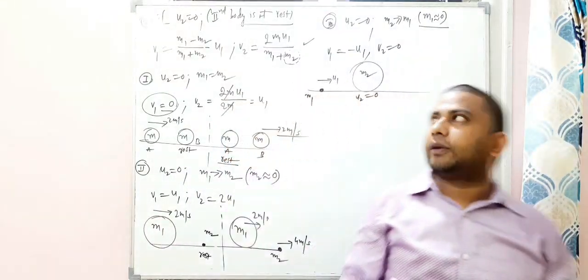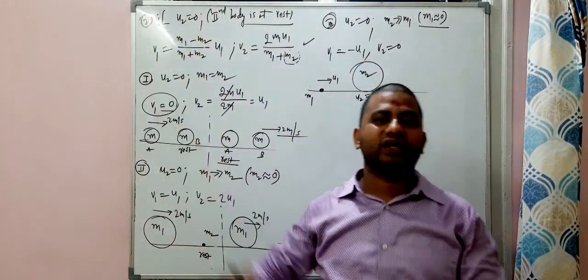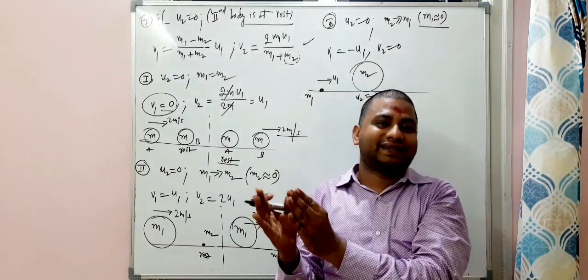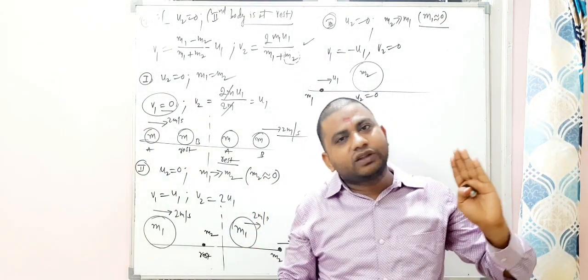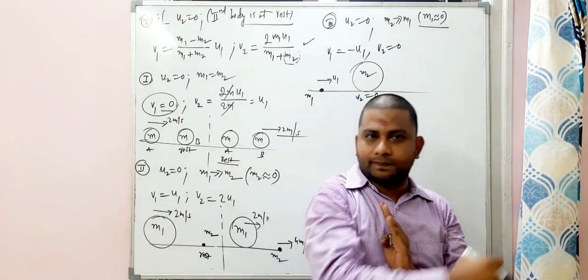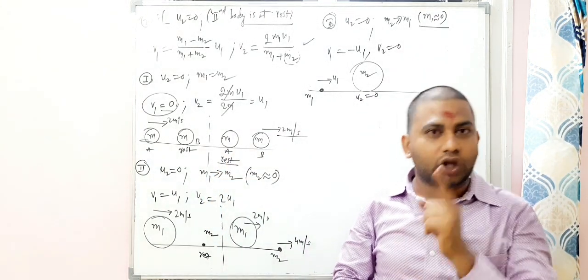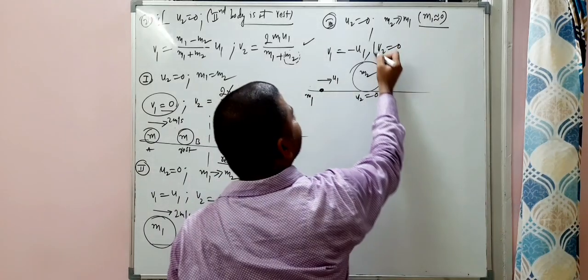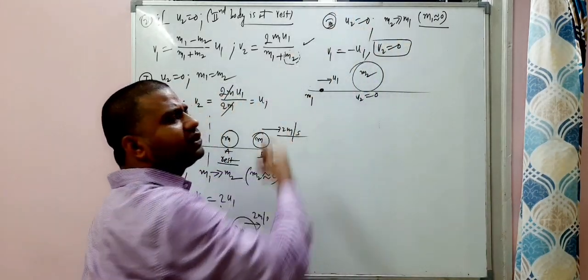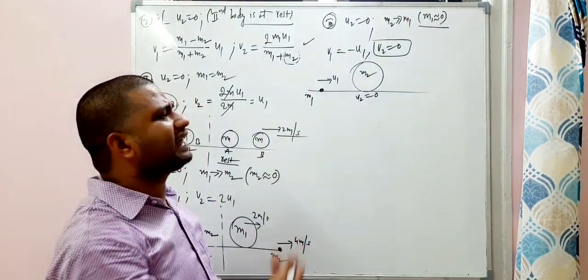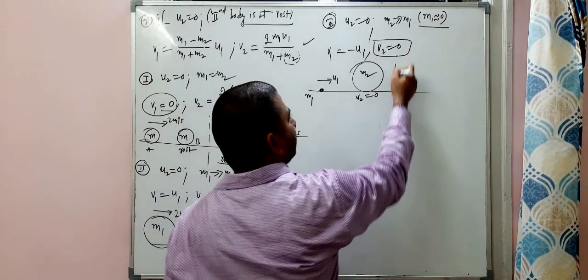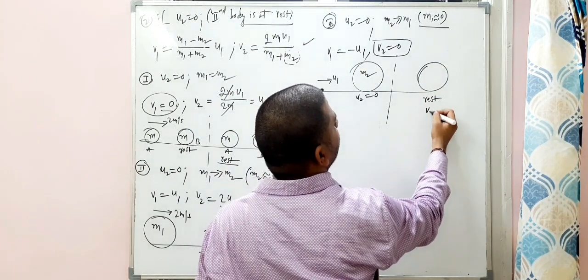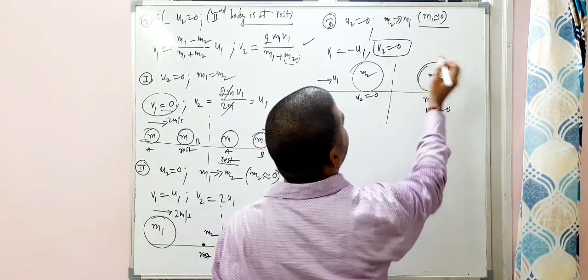There's no need to apply all these equations. There is a huge lorry at rest, a bicycle is moving towards the lorry and collides. What happens? Will the lorry move? No, the lorry will not move. The final velocity of the second body must be 0. Yes, the lorry will be there as it is. So after the collision, the lorry will be at rest only. That's why the final velocity of the second body is 0.